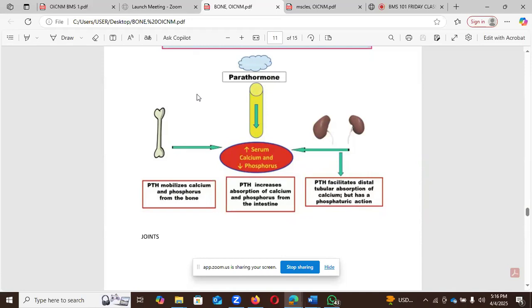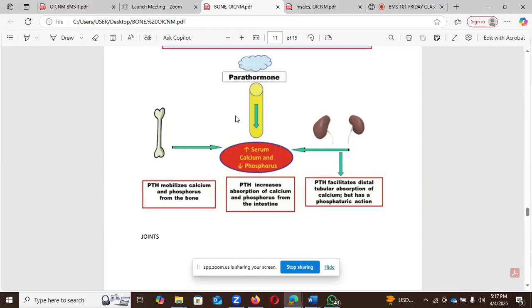And I told you that there's another hormone called estrogen. When women get to menopause, the level of estrogen is low. One of the functions of estrogen is that it helps in the mineralization of bone.